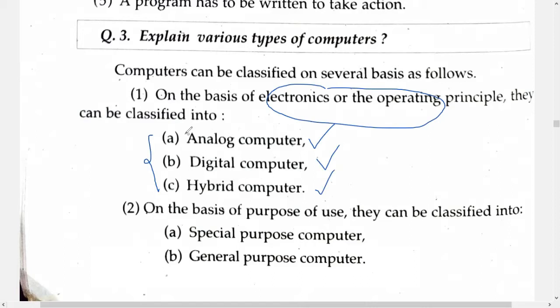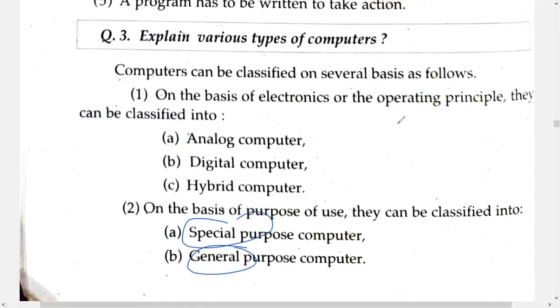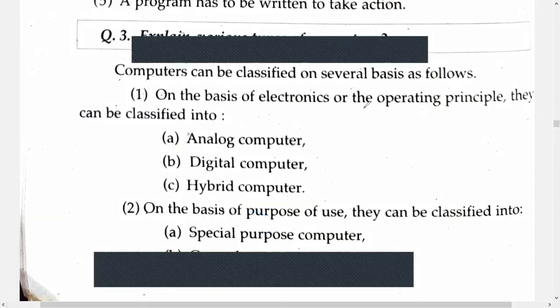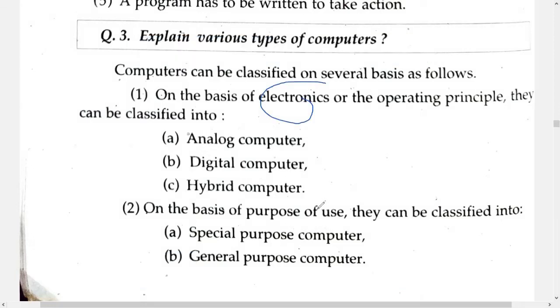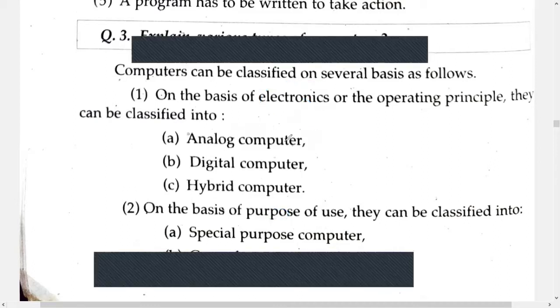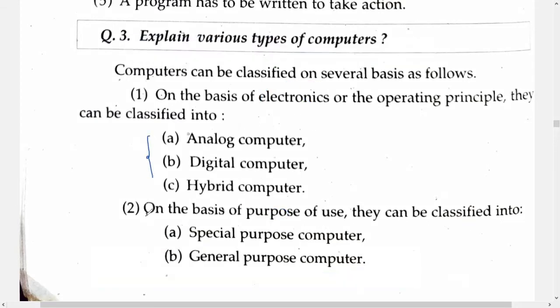Hybrid is nothing but a combination of analog and digital. So computers are classified on both bases: electronics and purpose. Based on electronics, there are three; based on purpose, there are two.